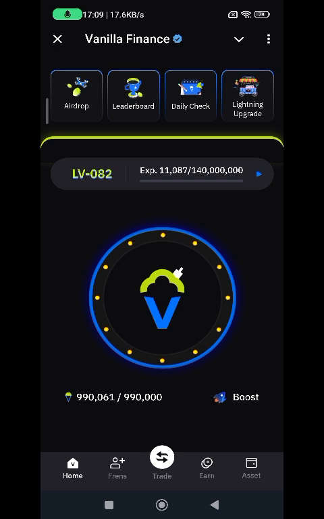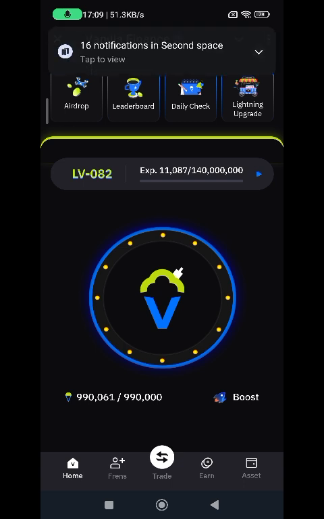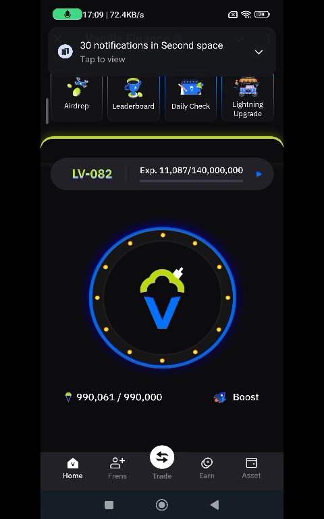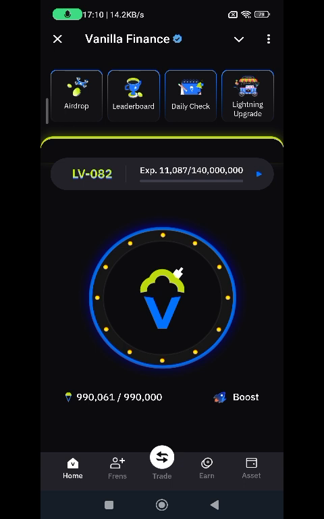Before we start delving into all the things you need to know about the interface, I need to stress what Vanilla Finance is all about. Vanilla Finance is an amazing platform that is doing something that has never been done in the crypto space. It gives you the opportunity to access one Bitcoin with as low as $10.